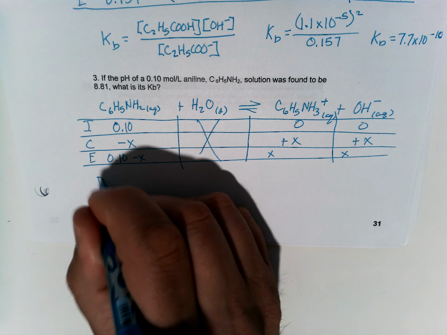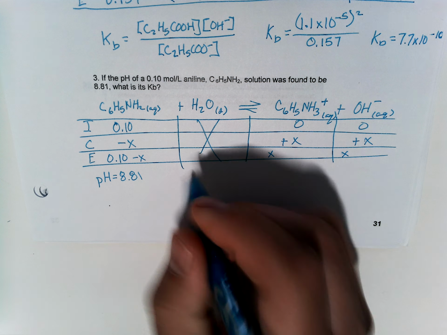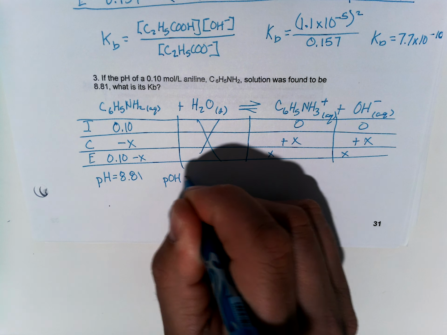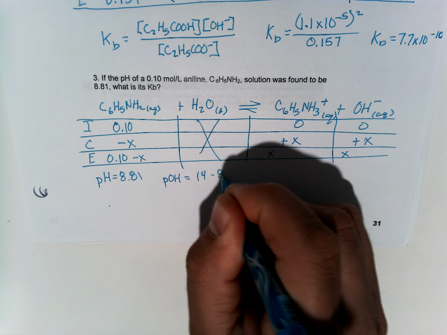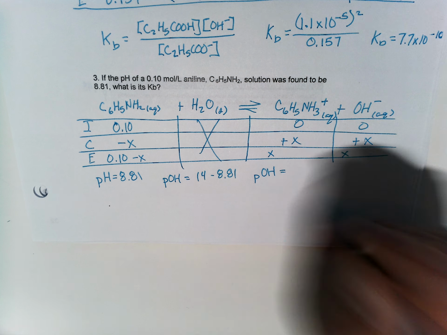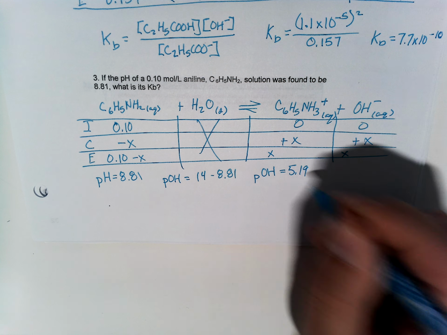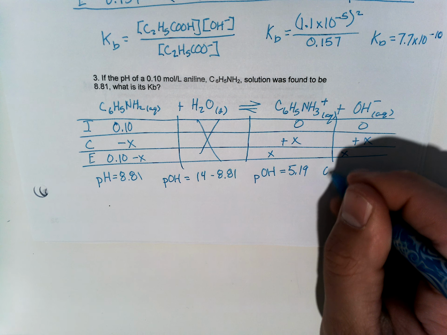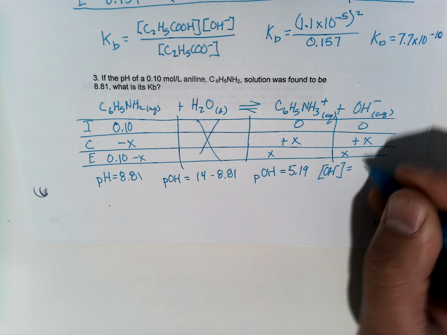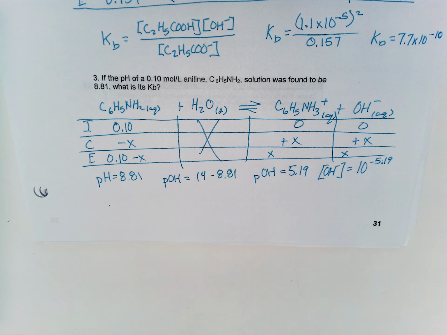Okay, again, pH is equal to 8.81. Okay, which means that the pOH will be 14 minus 8.81. So the pOH is equal to 5.19. And then the concentration of hydroxide is equal to 10 to the negative 5.19.